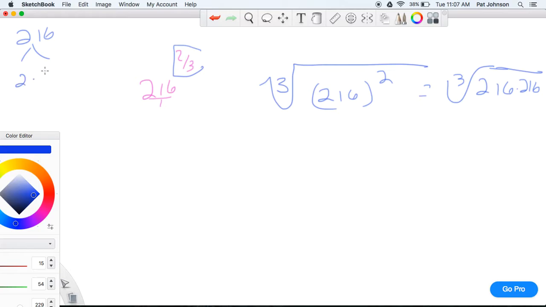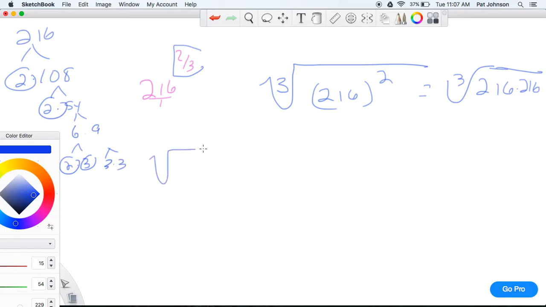If I don't have a calculator, 216 is 2 times 108, 2 times 54, 6 times 9, 2 times 3, and 3 times 3. So what I have is the cube root of 2 cubed times 3 cubed, and then I have 2 of them, so I have it again.